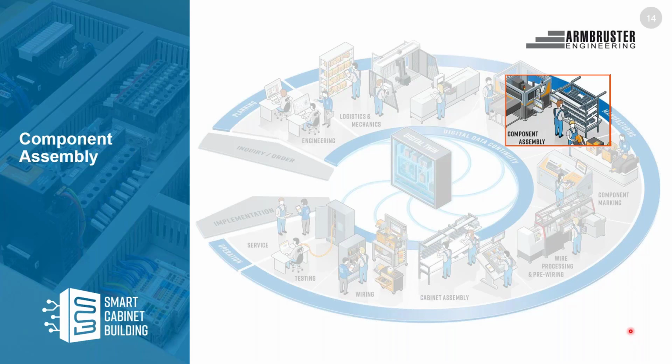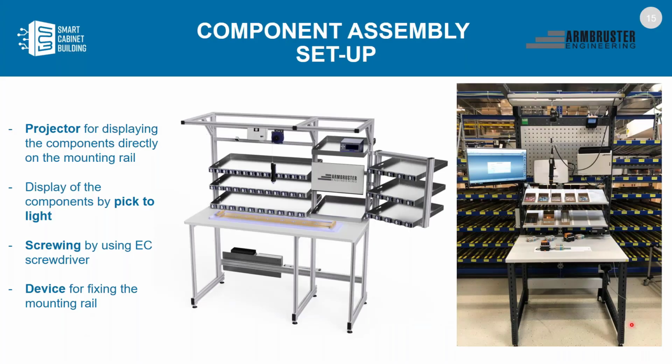But to complete this rail, we have empty spaces that have to be filled by hand. And this is what component assembly does. And I will show you the important things in workplaces for this field of assembly.